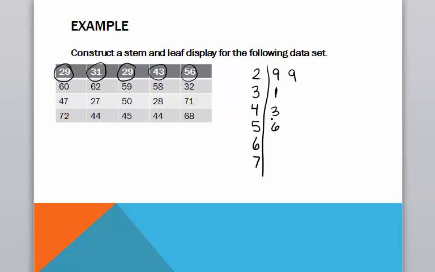And we're going to continue through the data set. So the 60, we'll put the 0 here. The 62, here's the stem of 6, the leaf of 2.